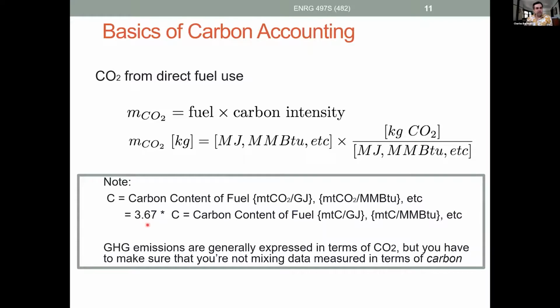Quick note again, we talked about this last time, there's a factor of 3.66 difference between carbon and CO2, so be careful with that. Greenhouse gas emissions are generally expressed in terms of CO2, but the fossil fuel companies usually report it in terms of just C as carbon, because it makes their books look a factor of 3 to 4 better than they truly are. So just be careful with that factor of 3.66 when you're doing this kind of analysis.